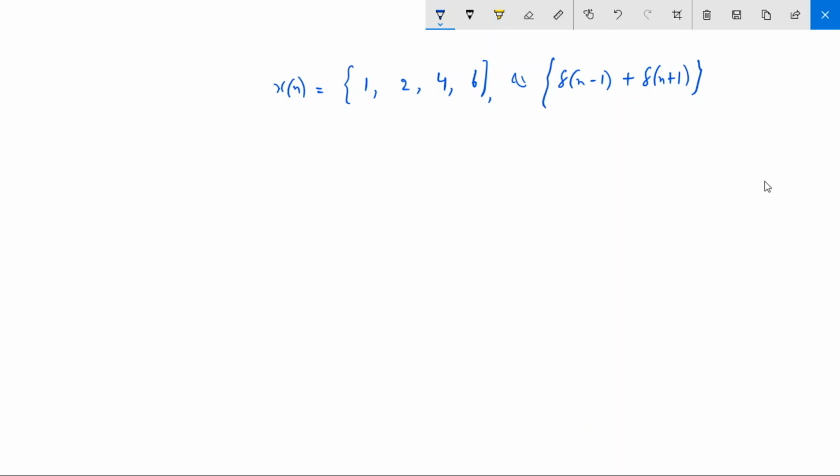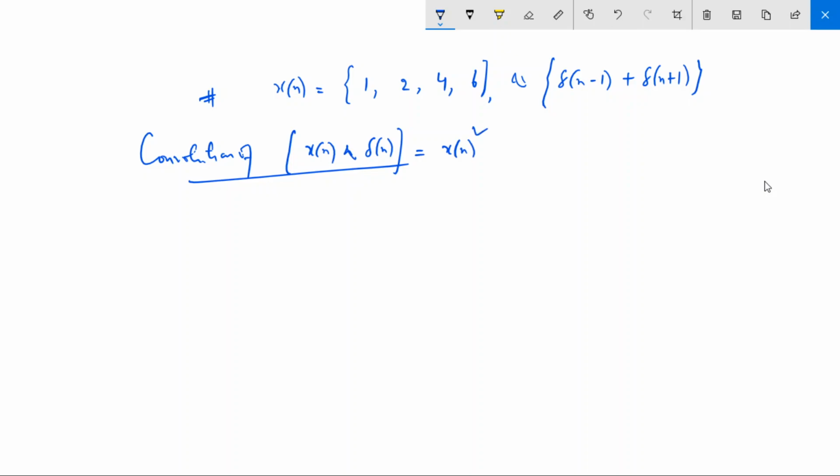Or if it is simply, what is the convolution of x of n and delta n? It will be nothing but x of n. The convolution of any signal with the unit impulse will give the same signal, and this simply follows from the definition of convolution itself.